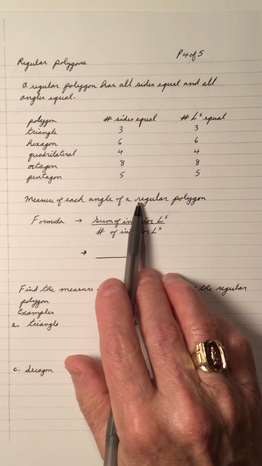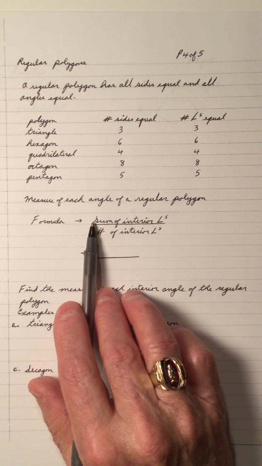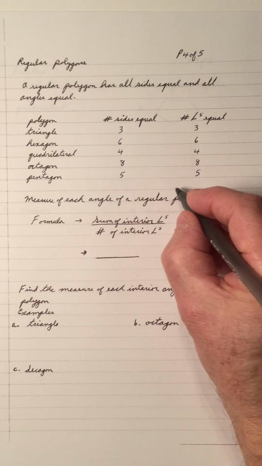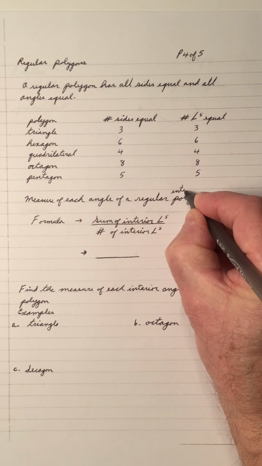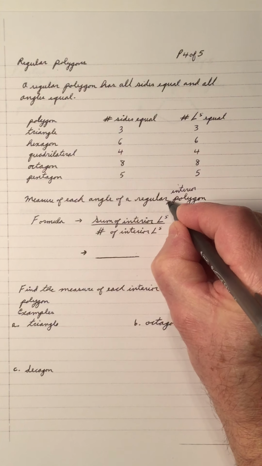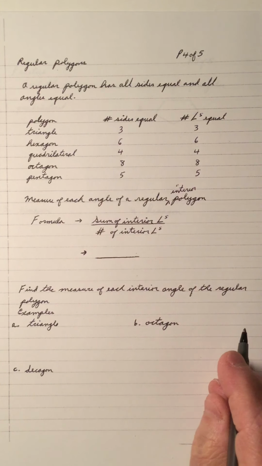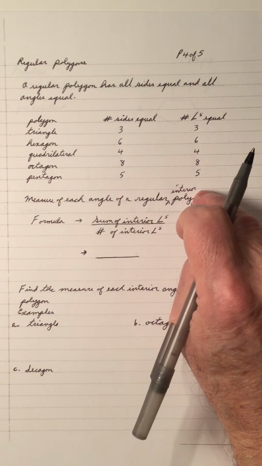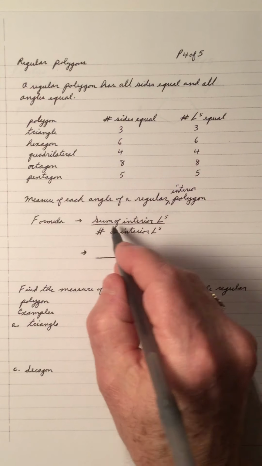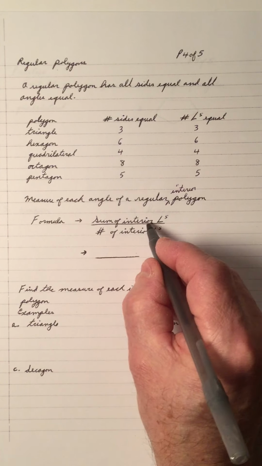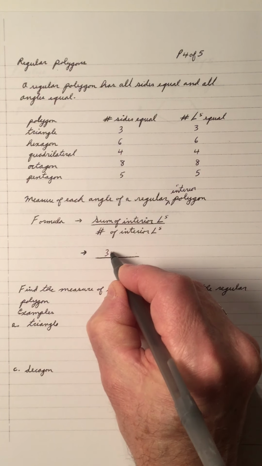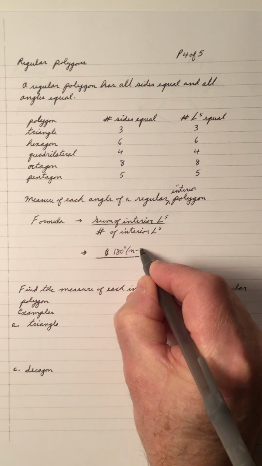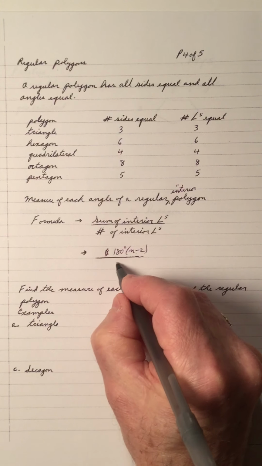Find the measure of each regular interior angle. Well, the formula for each regular interior angle. I left off the word interior. We want to find the size of each interior angle. So the formula is the sum of the interior angles, which is 180 times n minus 2, divided by the number of angles.